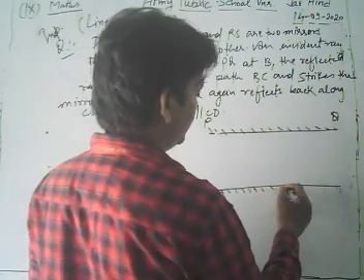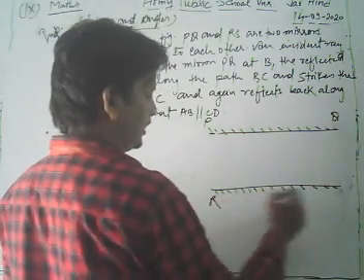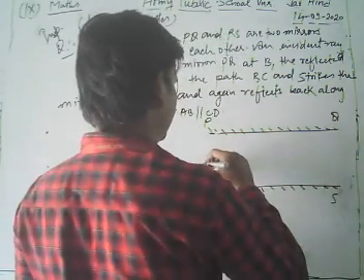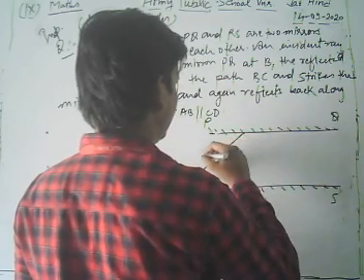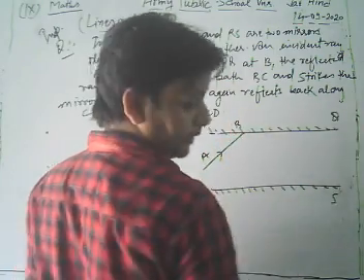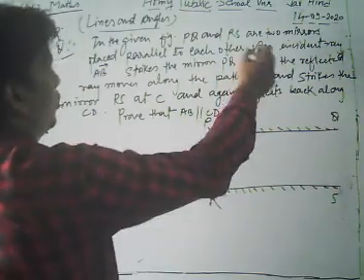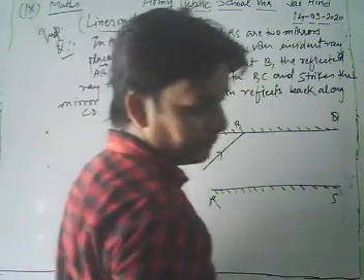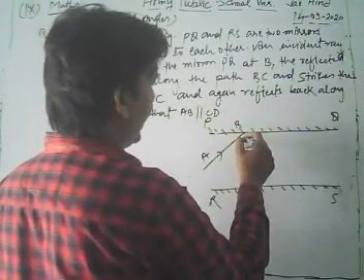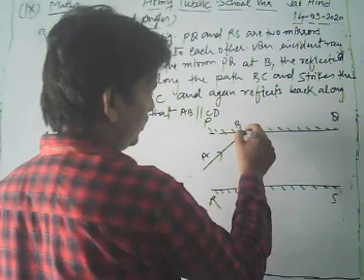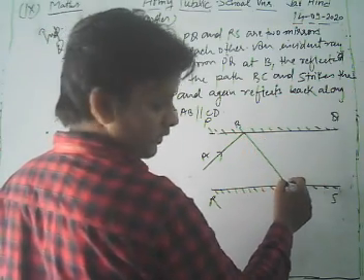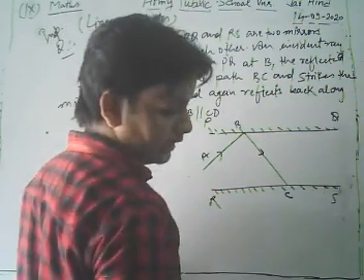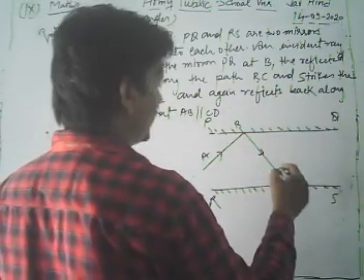Here PQ and RS are two mirrors and incident ray AB strikes the mirror at point B, and reflected back moves along the path BC and strikes RS at C, and again reflects back along the path CD.